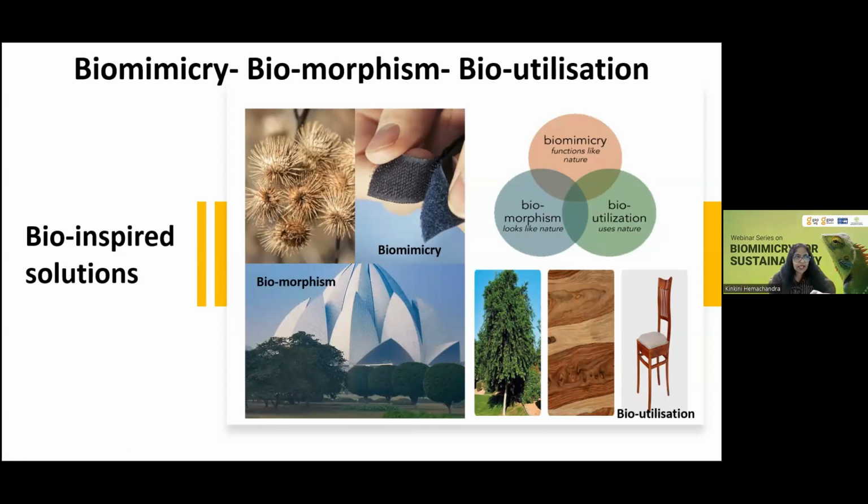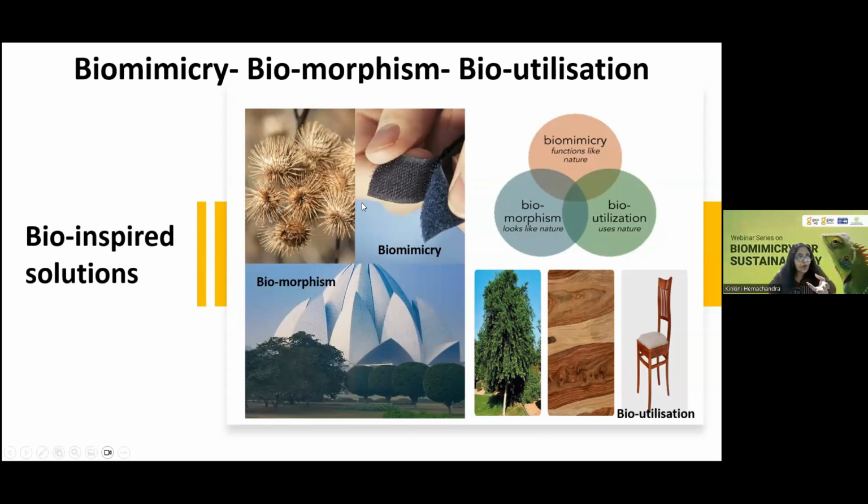When you look at the first diagram for biomimicry, you can see a plant with different types of stings, which has been converted into a fastener. When you zip a shoe or a bag, you can see this fastener is used. It was inspired by looking at living things, in this case a plant.